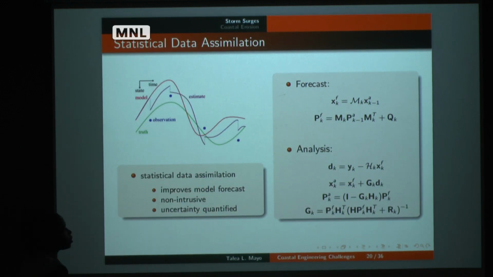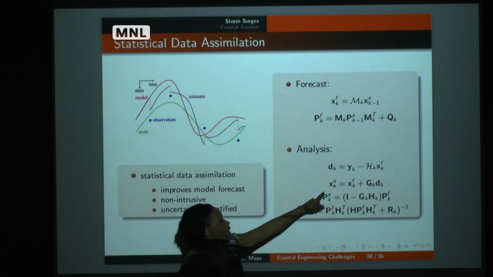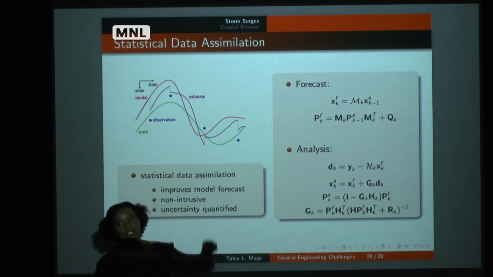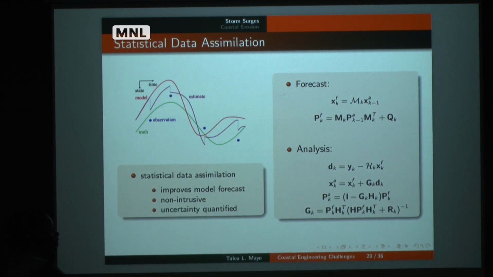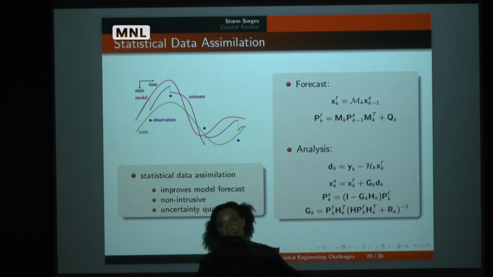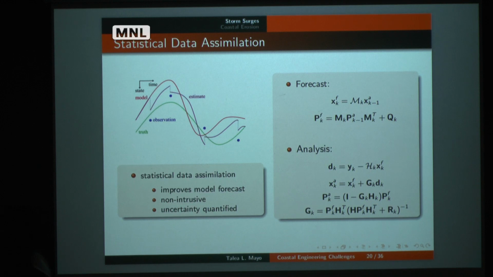So what you're going to do is come up with this analysis. So the analysis is what it gets corrected to. It's based on what you had at first and then a weighted difference. So the difference D is the difference between the observation Y and the model state.